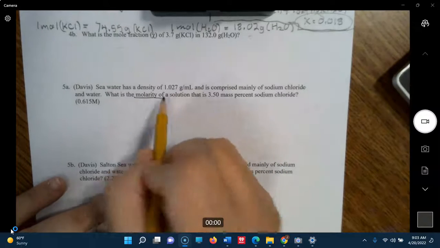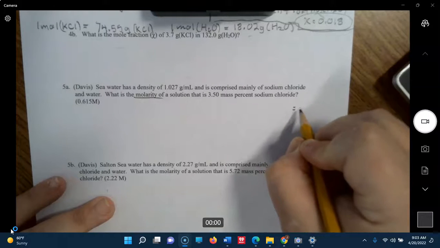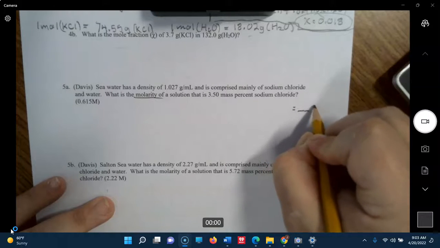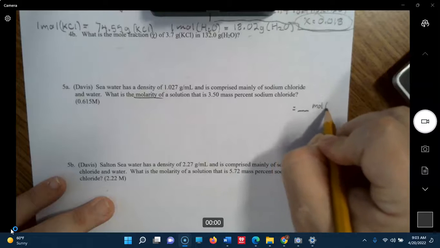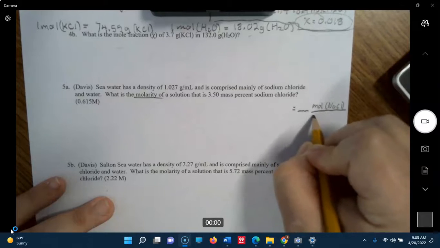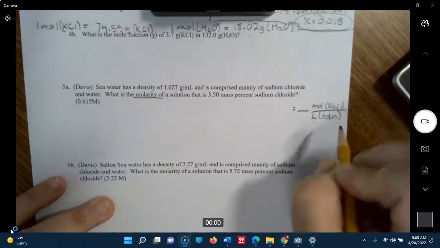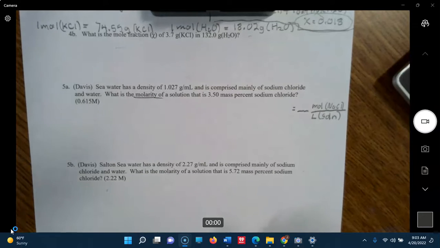So we're looking for molarity. So we're going to come over here and we're going to come up with moles of NaCl over liters of solution, which is the NaCl plus the water together.